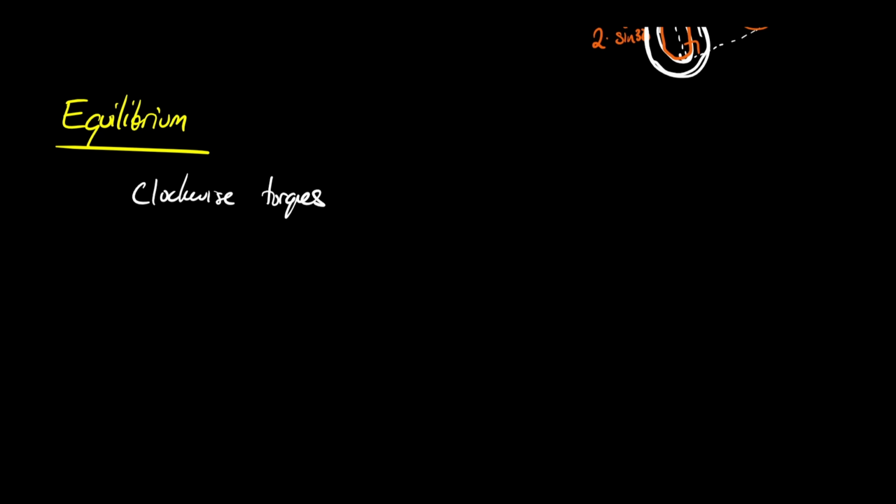Now we're going to go on to the concept of equilibrium. Just like how forces to the left could be balanced with forces to the right, clockwise torques can be balanced against, I'm going to use CCW for counterclockwise, counterclockwise torques.